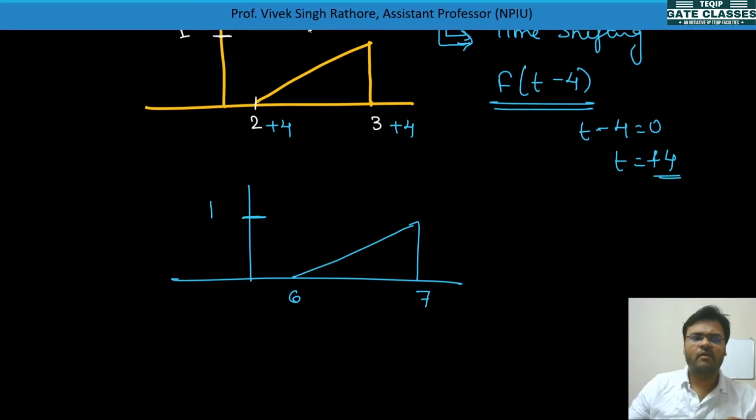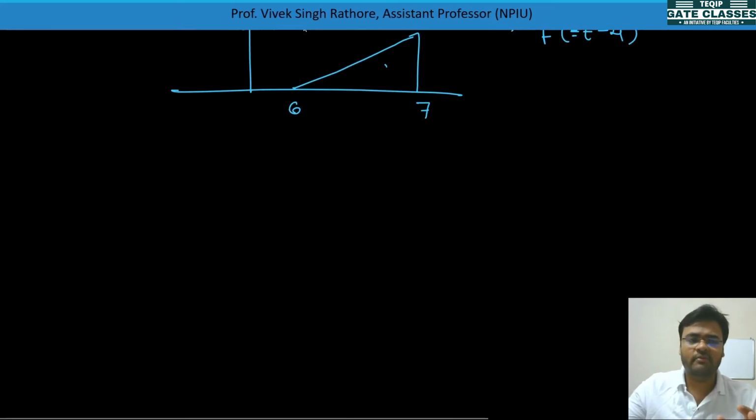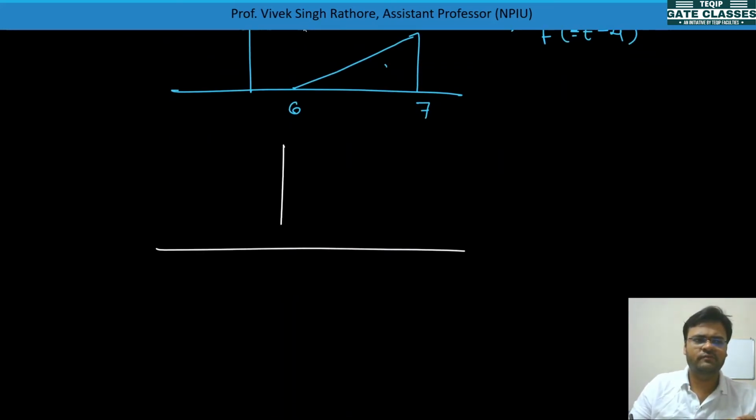Now the second step is f(-t-4). Now f(t-4) has come here. The minus sign means you are doing a time reversal. For time reversal, you know that we just need to take a mirror image of that signal, adding a negative sign to the values.